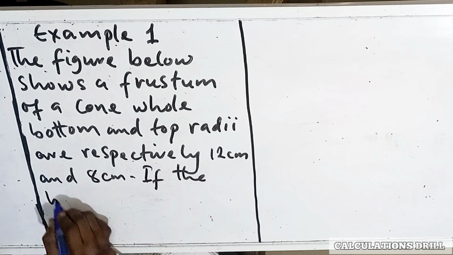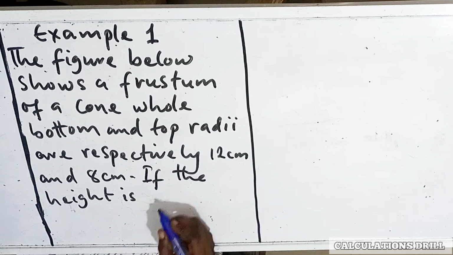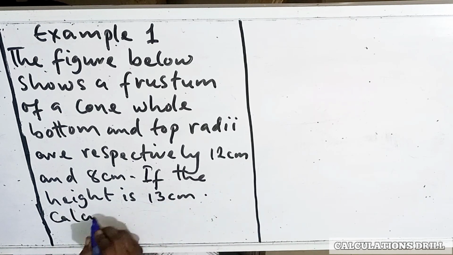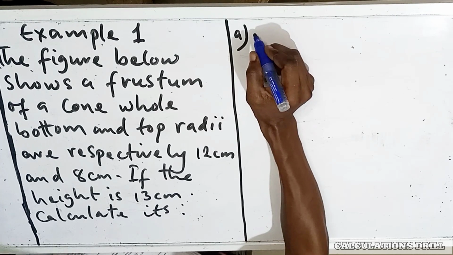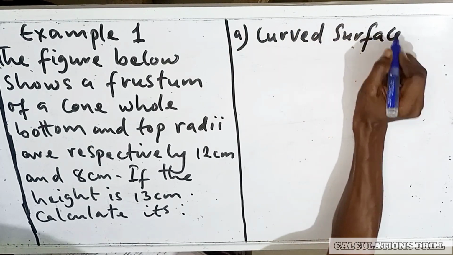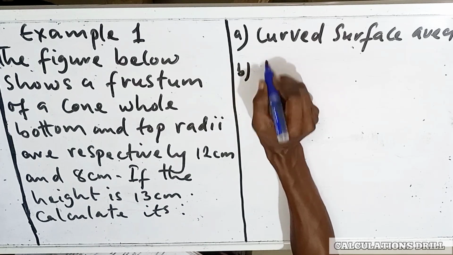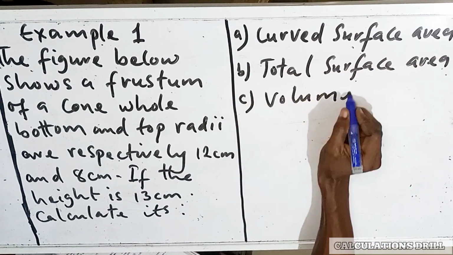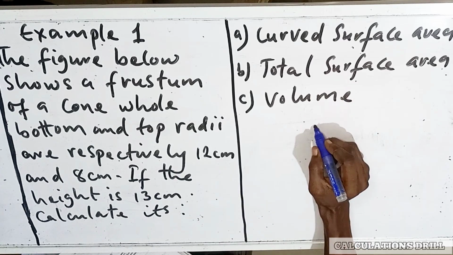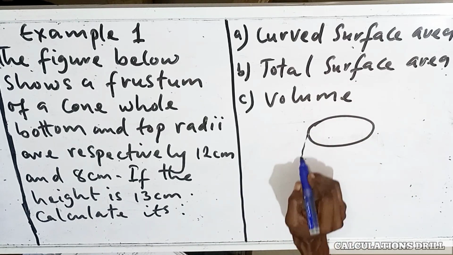If the height is 13 cm, we are asked to calculate A. Curved surface area, B. Total surface area, and C. Volume.